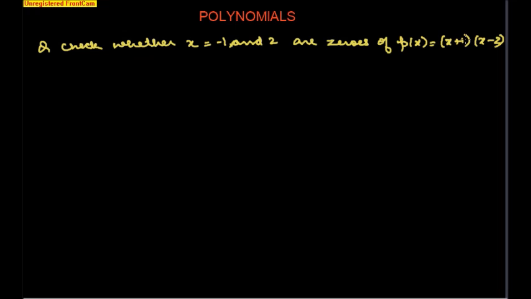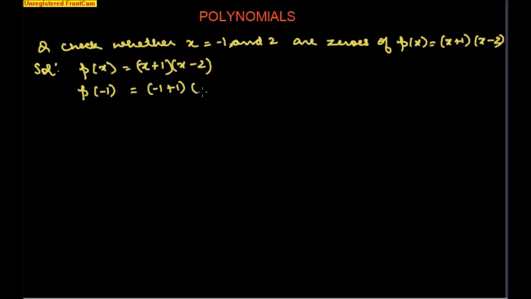Please remember there is no sign in between the brackets, so it is multiplication. Now, first of all I put x as minus 1 and I get (minus 1 plus 1)(minus 1 minus 2).